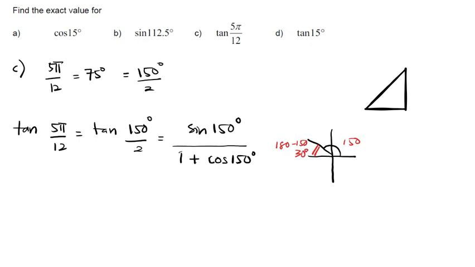So we can know that for sine 150 is equal to sine 30. And remember, CAST. Now it lies at quadrant 2. Quadrant 2, we know that sine is positive, so sine 150 equal to sine 30.